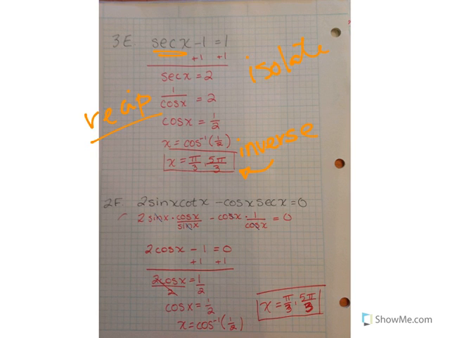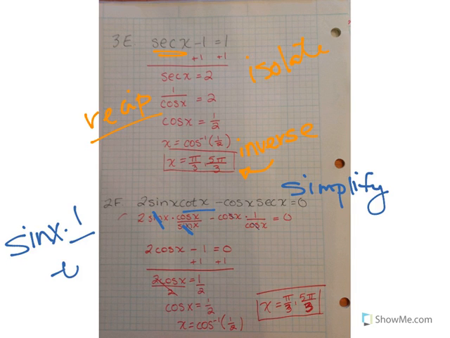Down here in 2f, a little bit different. This is the one where you were told to simplify first. So by simplifying, we see a lot of things cancel out. This sine cancels with this. Notice that for cotangent right here, I changed it to cosine over sine because if we had written it the other way, that didn't really help me simplify, so we don't want to do that.